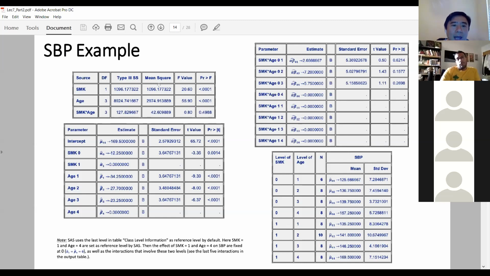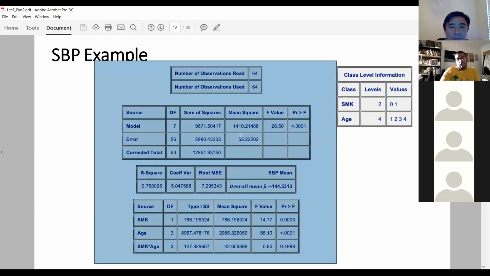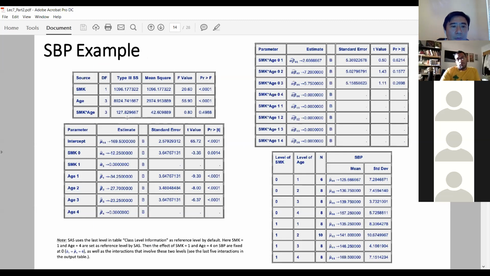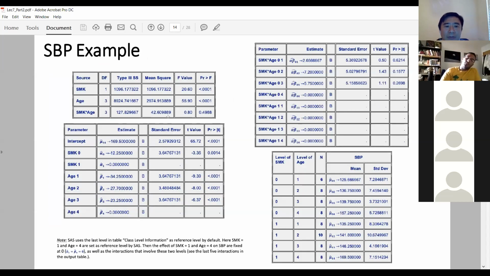Once you have the mean square for each factor, you still use the error term, the MSE. This table will not give you the error term, but the F value is calculated using the mean square for each factor divided by the sum of squares for error divided by 53, for every single F test there.